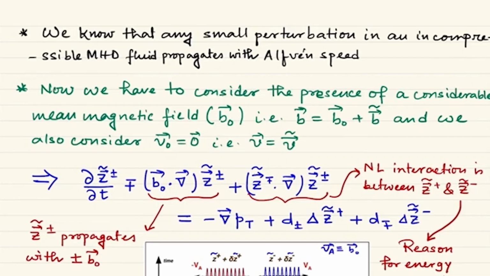So in normal hydrodynamic fluid we do not have any wave mode for incompressible fluid, but for incompressible MHD we have one mode, which is called the Alfvén mode.